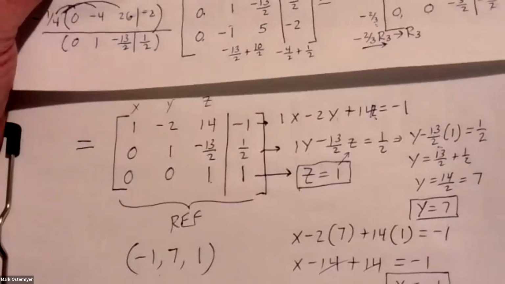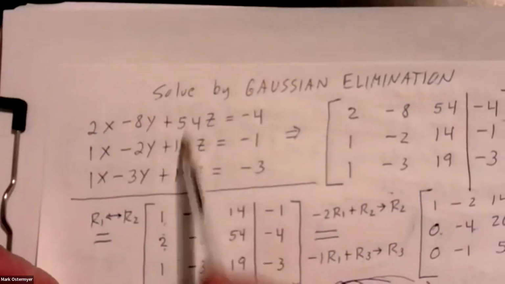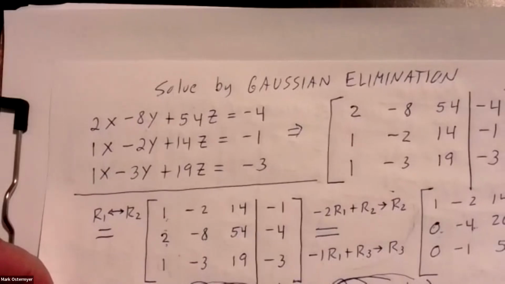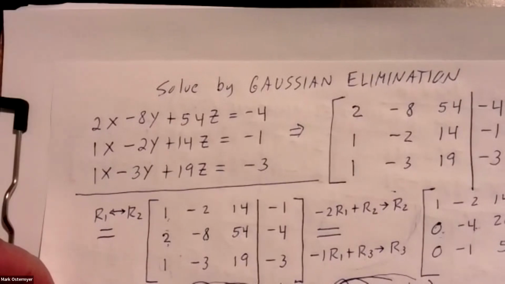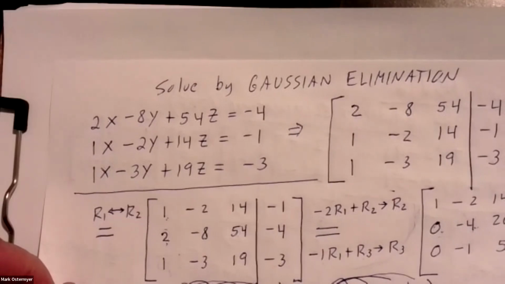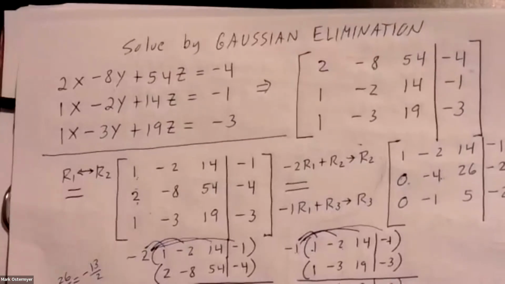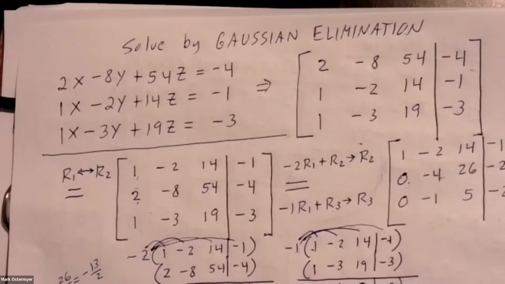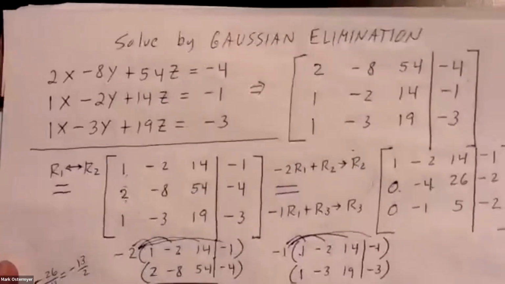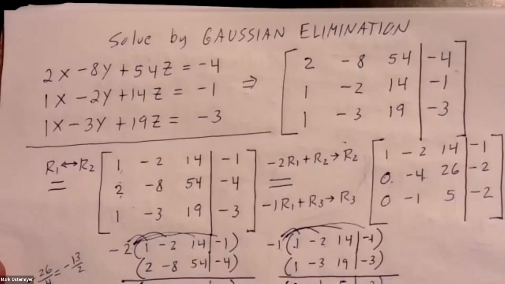So now I'm going to show us how to solve this system over again, but by using our TI-84 calculator and using a very powerful function called the RREF function, which stands for, what do you think RREF stands for? Reduced row echelon form. So now I want to show you using our calculator how we can do this.